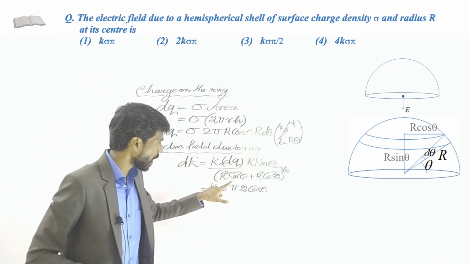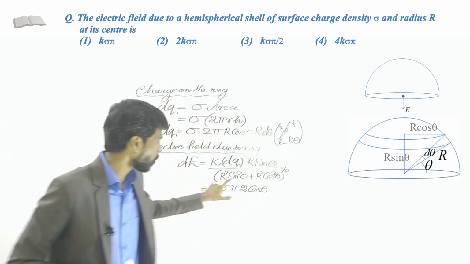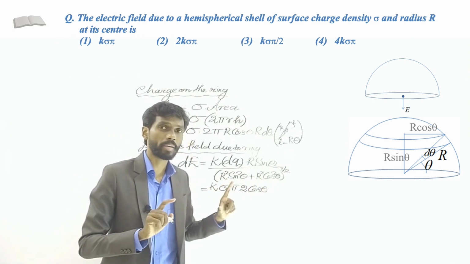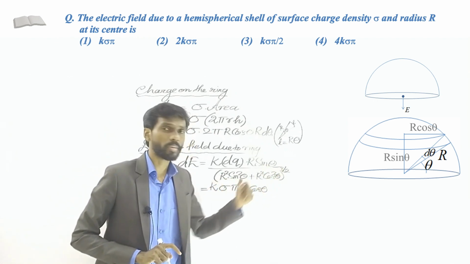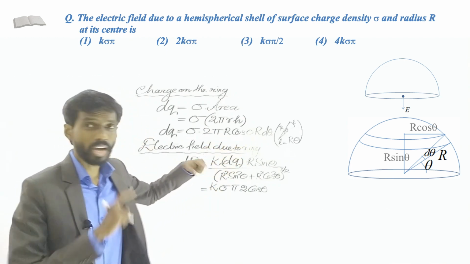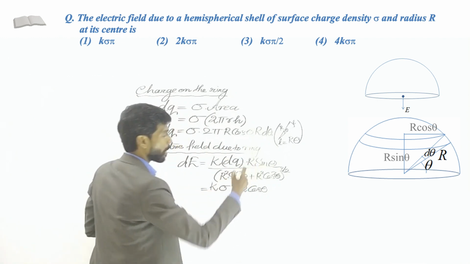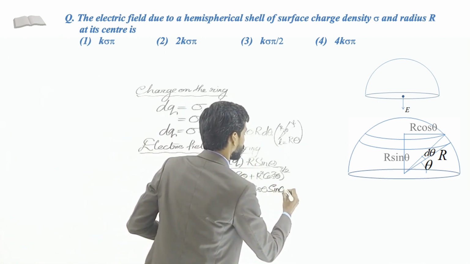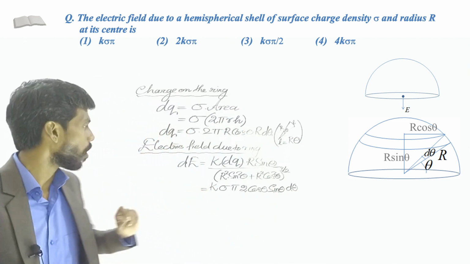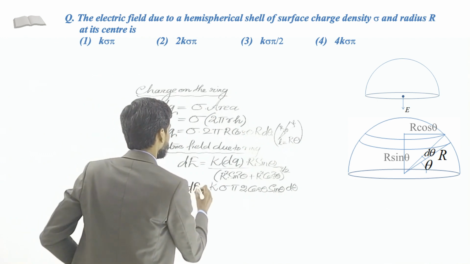In the denominator we have sin squared theta plus cos squared theta, that is 1, r squared to the power 3 by 2, because sin squared plus cos squared becomes 1. So r squared to the power 3 by 2, that is r cube, and in the numerator also we have r cube. So r cube gets cancelled. Alright, simply 2 cos theta d theta multiplied by sin theta. So sin theta d theta. No denominator because r square gets cancelled. Okay, that's all. So this is dE, but we want to find E, just do the integration.